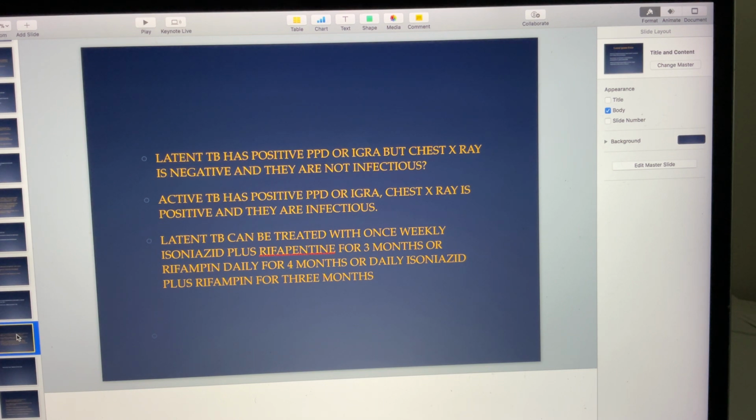Now, latent TB can be treated with once weekly isoniazid plus rifapentine for 3 months, or you can do rifampin daily for 4 months, or you can do daily isoniazid plus rifampin for 3 months.